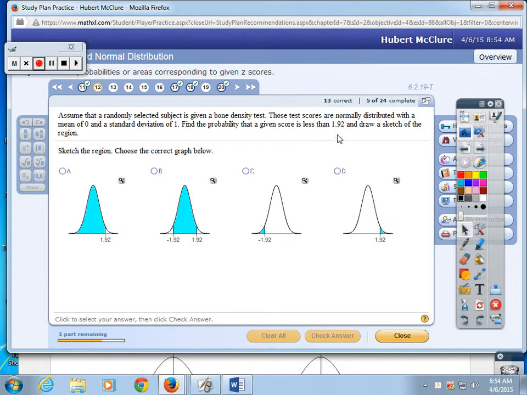Alright, let you do this one. Find the probability that a given z-score is less than 1.92. So draw a picture of it, then find the probability, sorry.